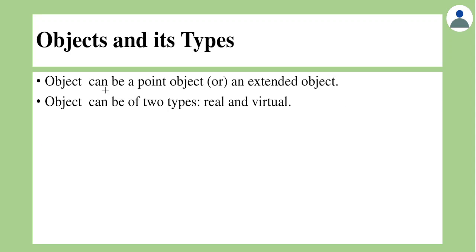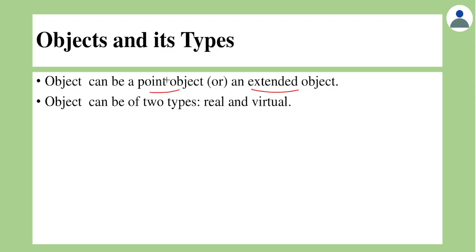Next definition is objects and their types. We will define what an object is in a minute, but this object can be a point object or an extended object. A point object means one whose dimension is very small compared with the distance involved.